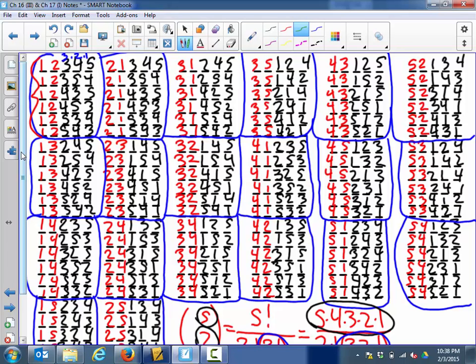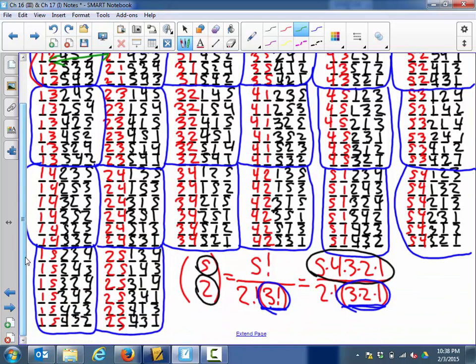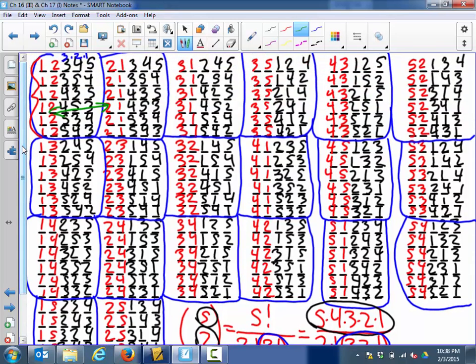Well, if the factorial gives us this way of ordering all 120 different ways you could choose 5 numbers in a row, there's redundancy in the fact that you could say you choose the first flip of a coin to be a success, then the second flip of a coin to be a success, versus the second flip to be your first success and the first flip to be your second success.